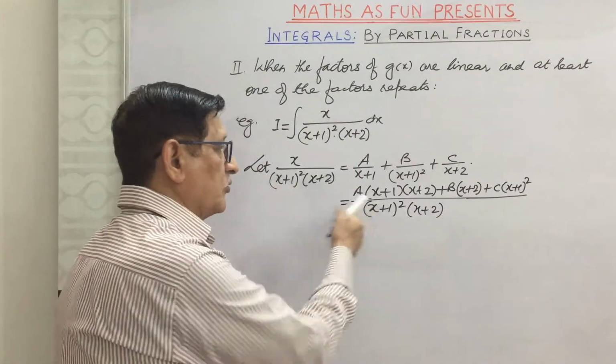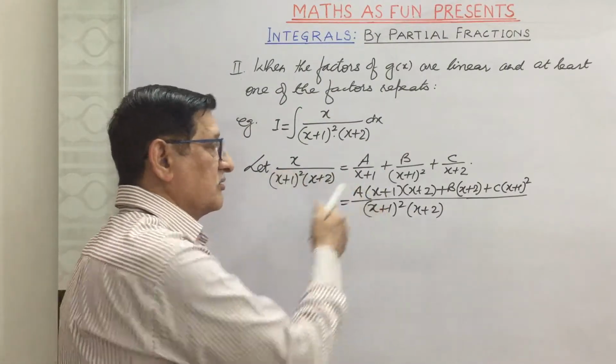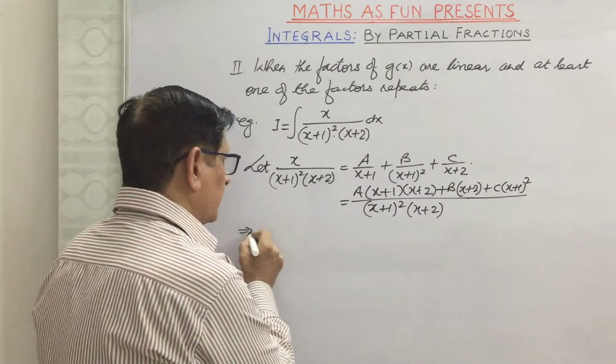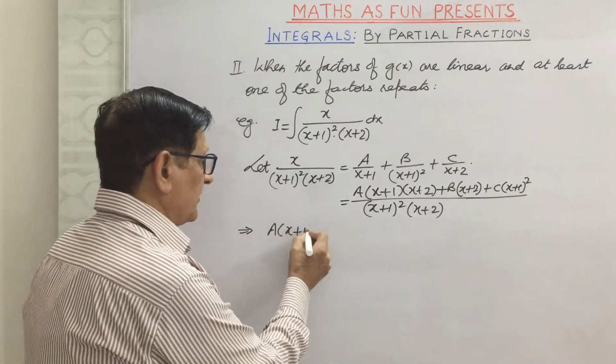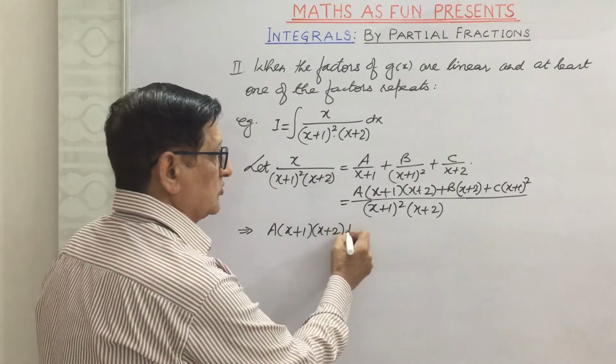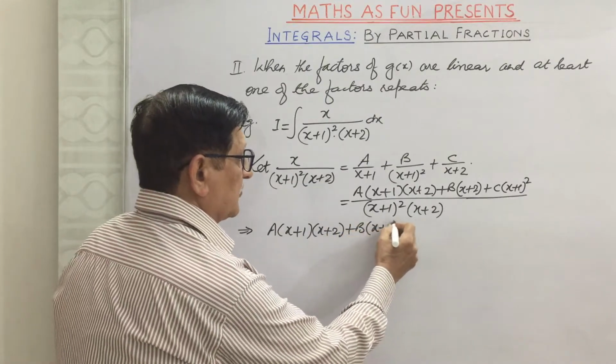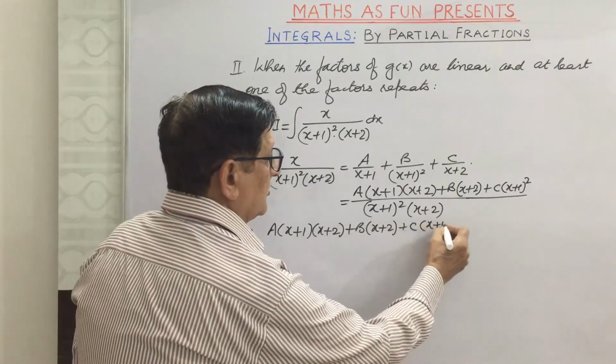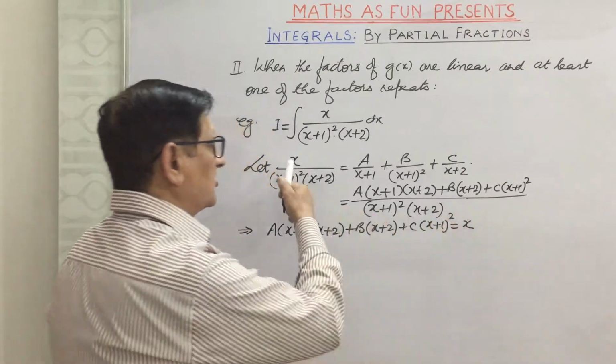Now these two are equal. It means their numerators also have to be equal. So we can write here a into (x plus 1) into (x plus 2) plus b into (x plus 2) plus c into (x plus 1) square is equal to x.